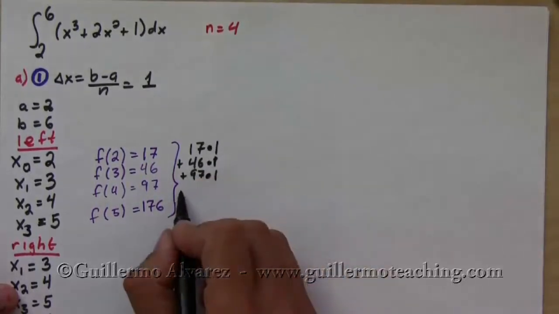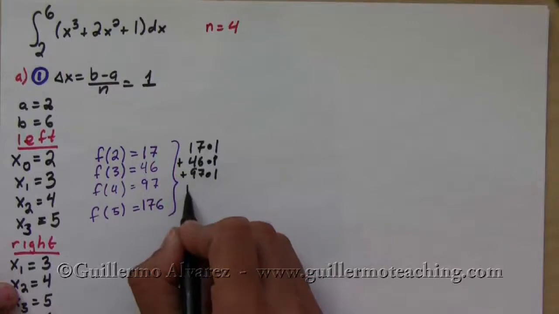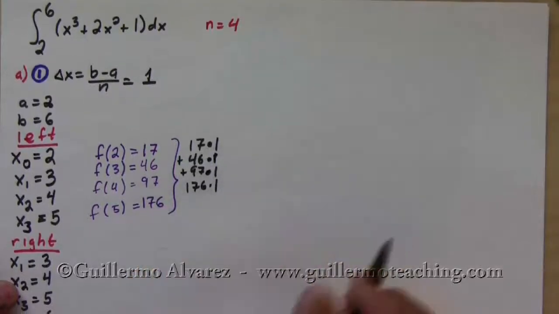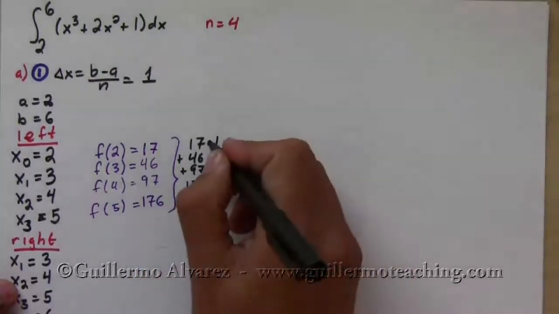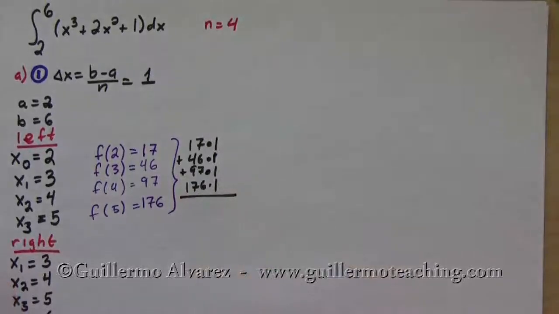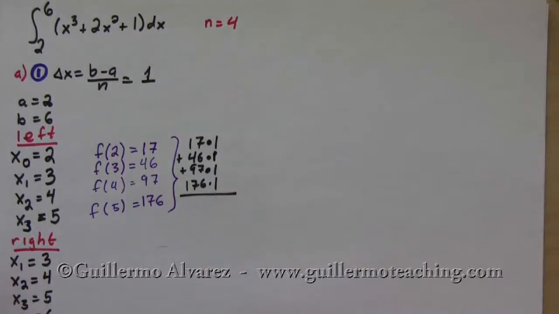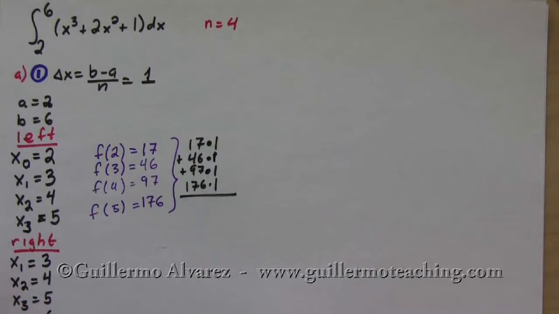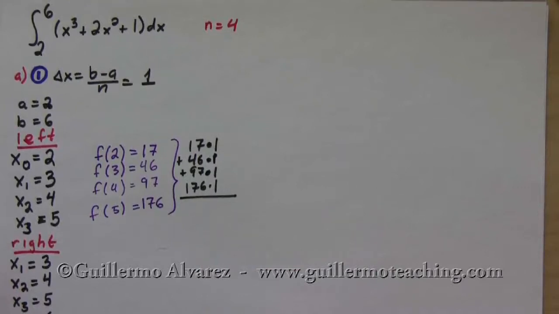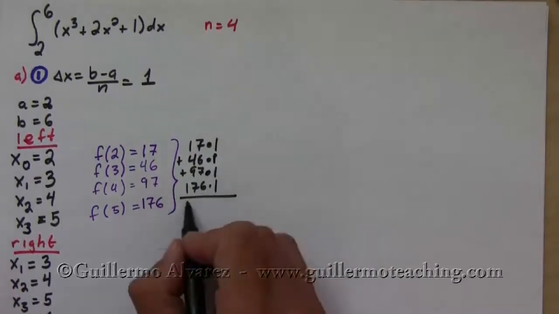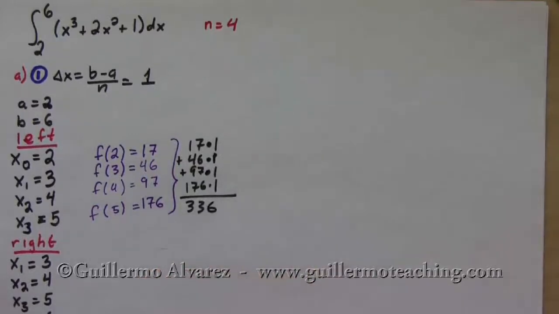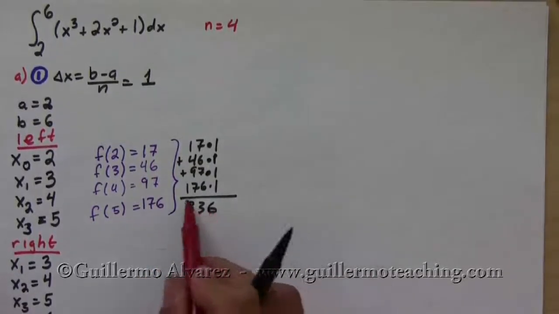It's not 0.1. Plus 176 times 1. Well, if I add up all of these, I would get 336 as my area, using the left endpoints.